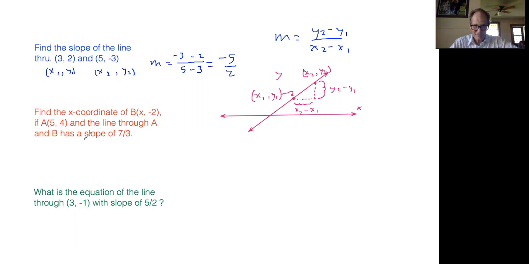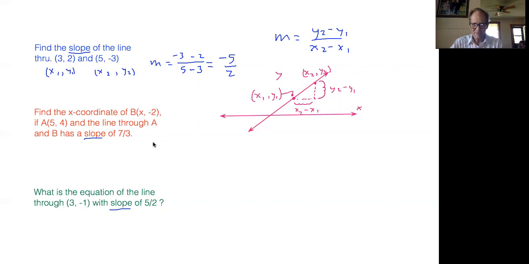Now notice, slope, slope, slope. These 3 problems have to do with slope. So I can probably solve each problem by applying the slope tool. Okay, let's see. How can we do this?